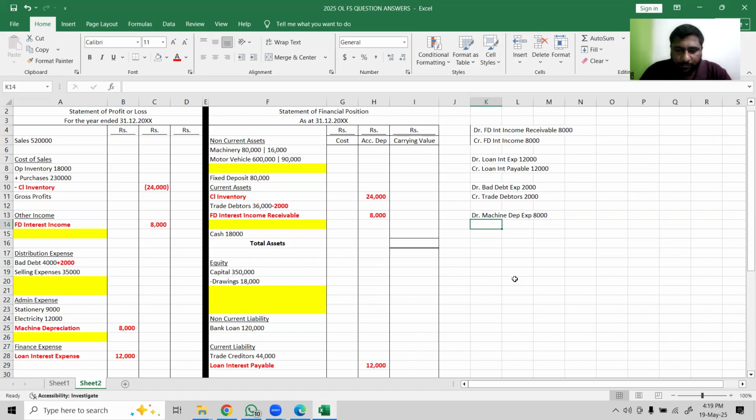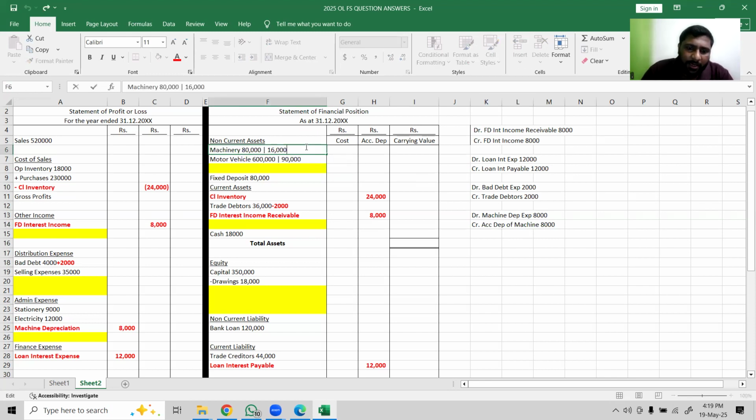Credit where? We learned to credit the accumulated depreciation of machine 8,000. We opened a separate line for accumulated depreciation, 8,000.